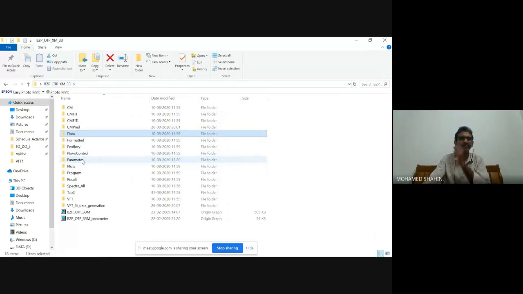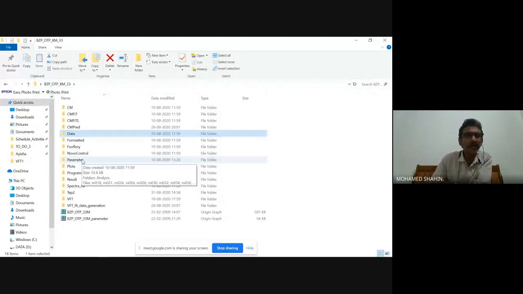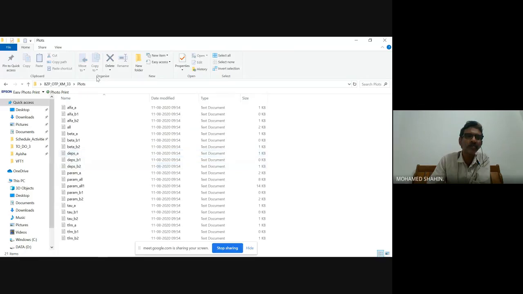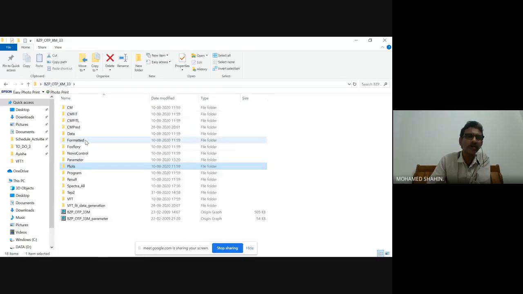Then it must be a customary thing that we should have an idea how every parameter is changing with respect to temperature. So for doing that, we should plot everything.